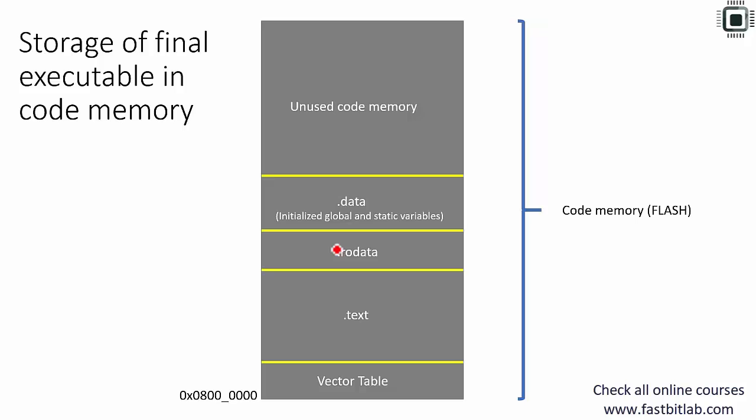If you again refer to this diagram, this explains the storage of the final executable in code memory. The initial code space must contain the vector table. After that, only the .text section should appear. We have to follow this order. Otherwise our application will not work properly.